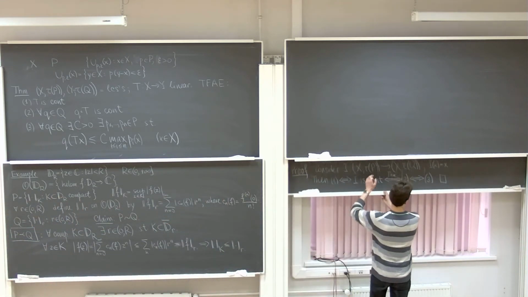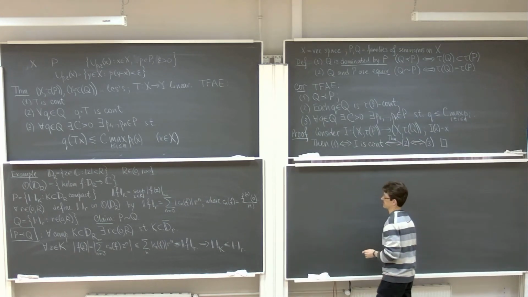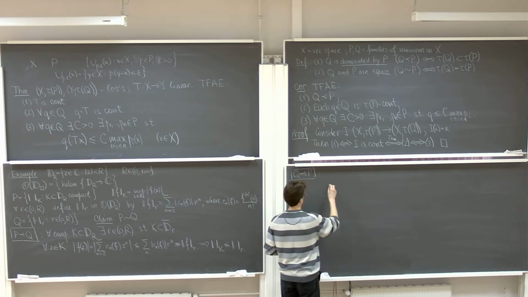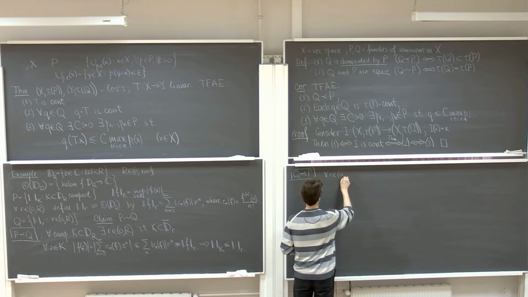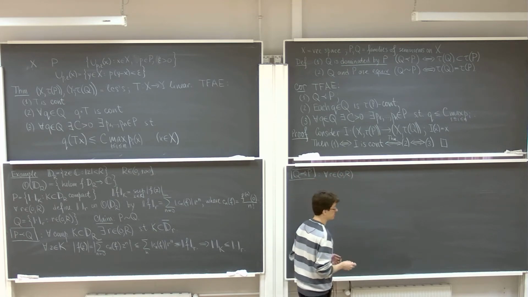And conversely, let's now show that Q is dominated by P. So we start with a positive number little r, strictly smaller than big R. And we do the following.